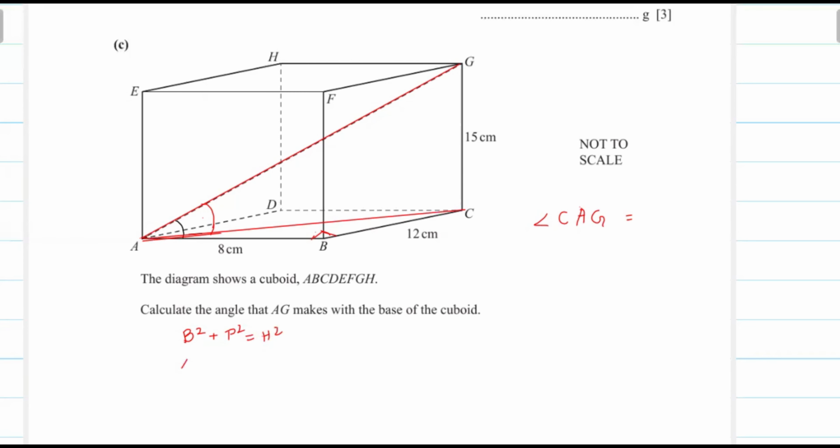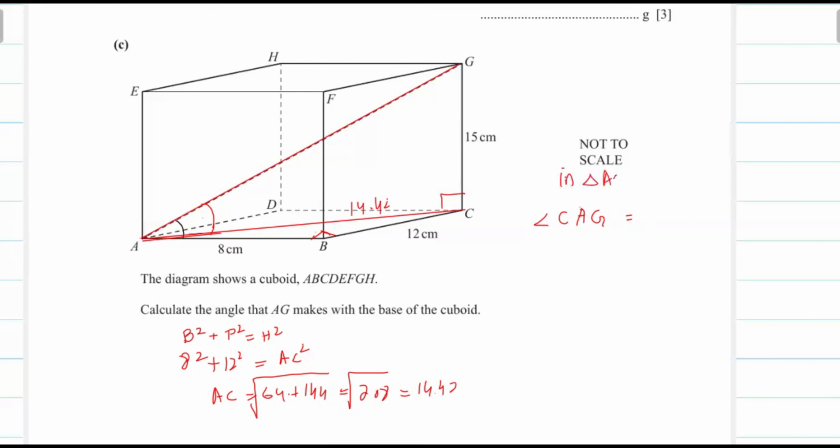Therefore, base is 8 squared plus 12 squared, perpendicular is 12, and hypotenuse is AC squared. Therefore, AC will be equal to 8 squared is 64, 12 squared is 144, and this will be equal to square root of 208, and this will be equal to 14.42. This length is 14.42. This is the right angle triangle ACG.